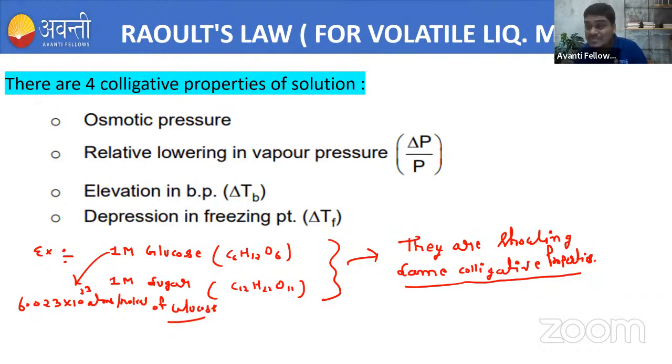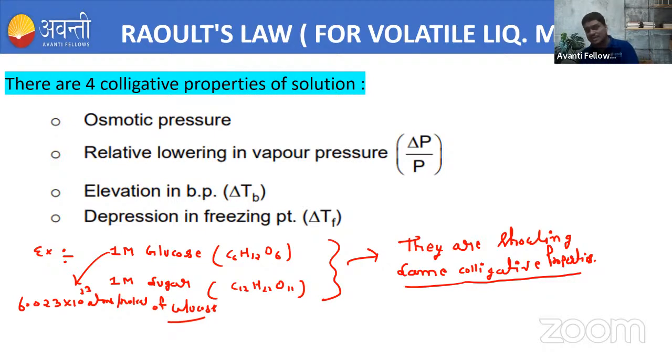So the number of atoms, molecules or ions remains the same. So how will their colligative property change? The colligative property won't change, because it depends only on the number of solute particles. If the number of solute particles remains the same, then obviously the colligative property is not going to change, right?